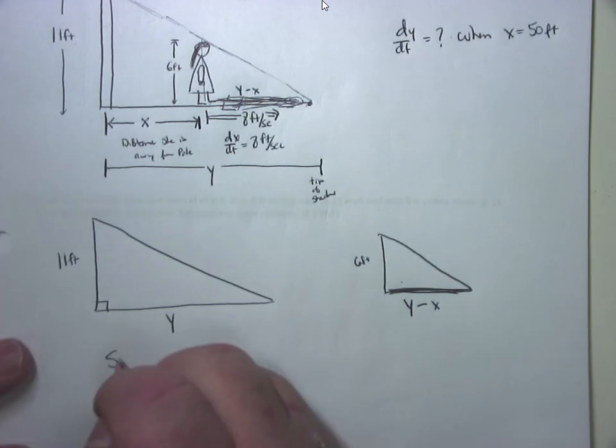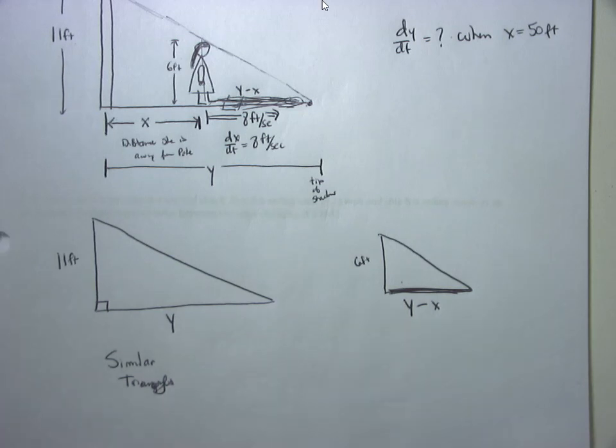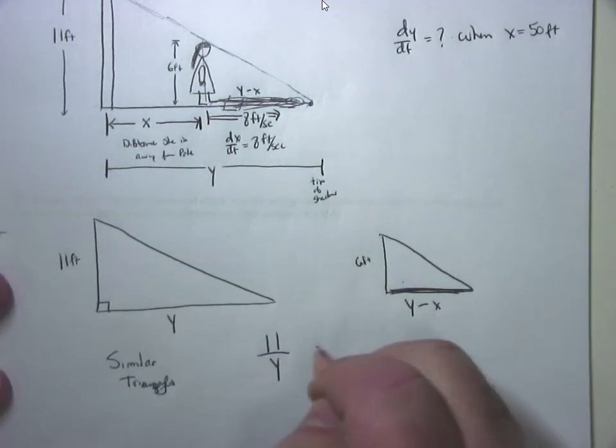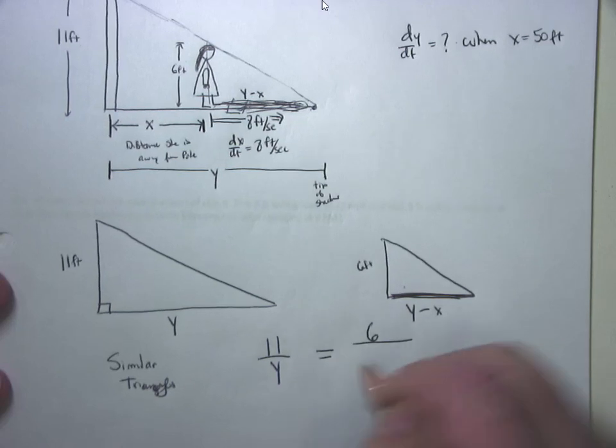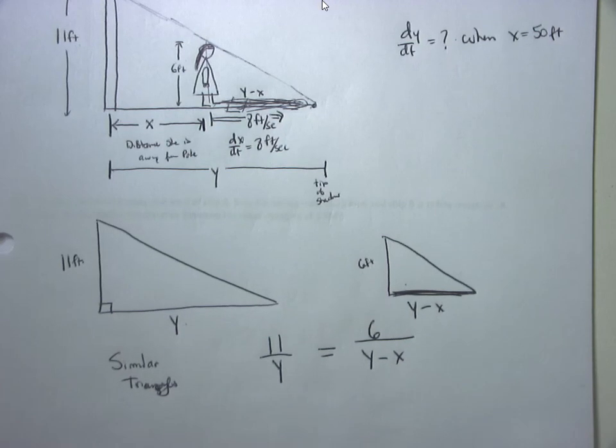And we know from geometry class, 10th grade high school, that the ratio of sides of similar triangles are equal. So, 11 is to y as 6 is to y minus x.